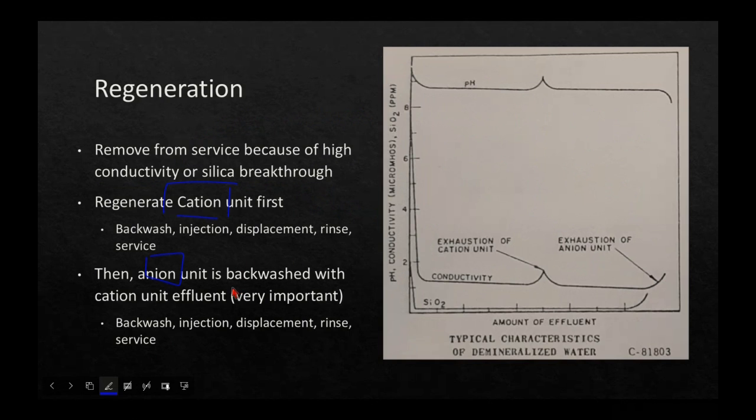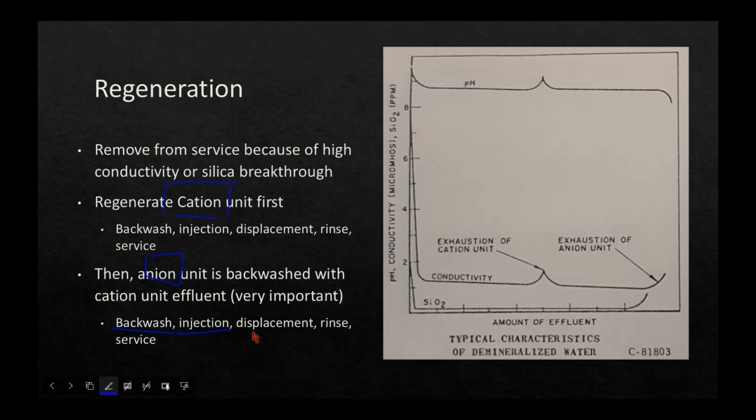And then as for the sequence, it's the same as with a sodium zeolite softener. We always backwash it to expand the bed and release the dirt and expose the resin to regenerant. Then we do some sort of a brine injection phase, whether that happens to be H2SO4 or whether it's sodium hydroxide.